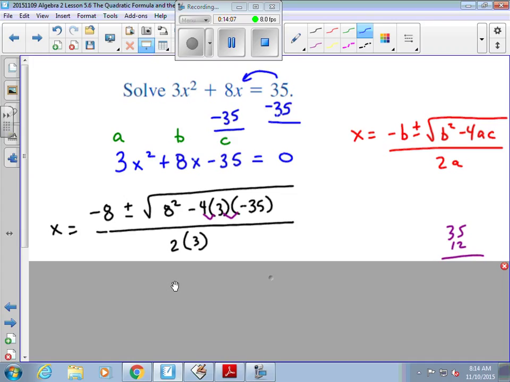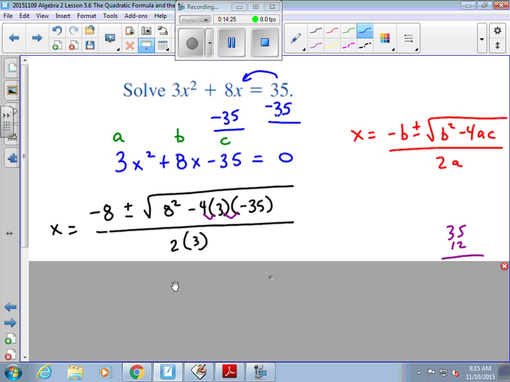B's value, remember, it's negative B, and since B is positive 8, it's negative 8, plus or minus the square root of B squared, 8 squared, minus 4 times A, which is 3, times C, which is negative 35, over 2 times A, which is 2 times 3.